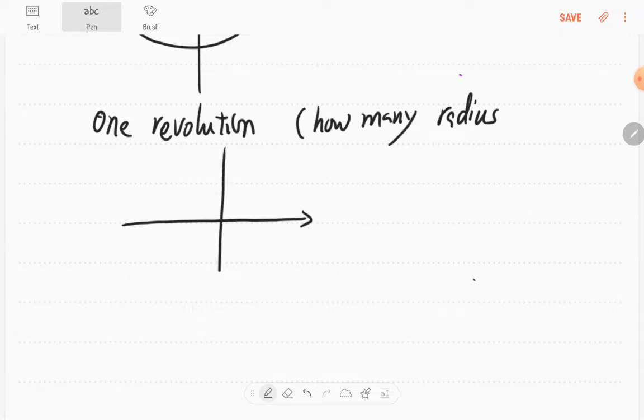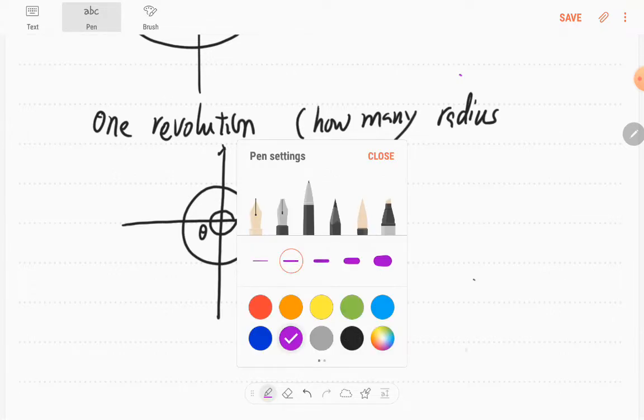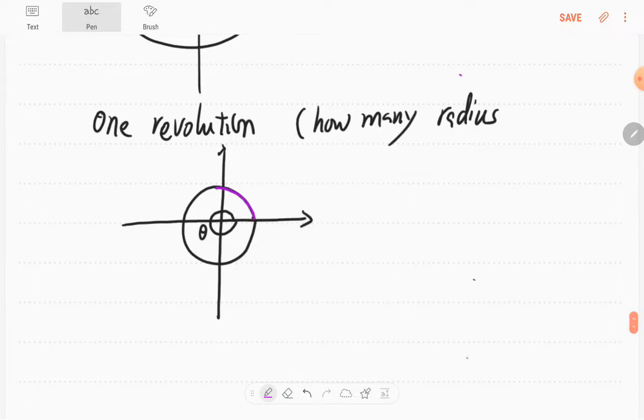For 1 revolution, this is the angle theta, and it corresponds to the arc length, which is the circumference of the circle, right? The circumference is equal to what? If this radius is r, it's 2 pi times r.